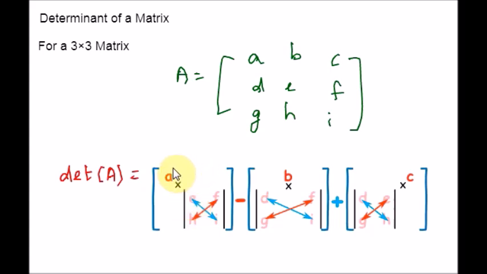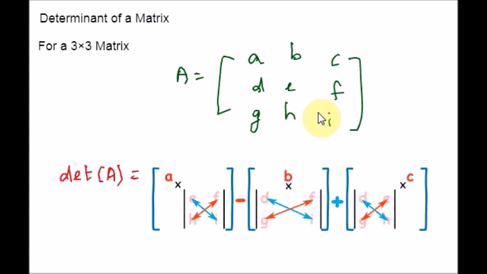Here you have to change the signs alternately. You start with a positive, then negative, then positive, and it keeps on changing if you have more minor matrices. Okay, let's apply this formula here. If I consider a, I should ignore its row and column, cross multiply the remaining two and place a negative sign in between.